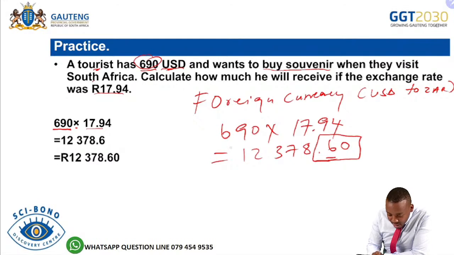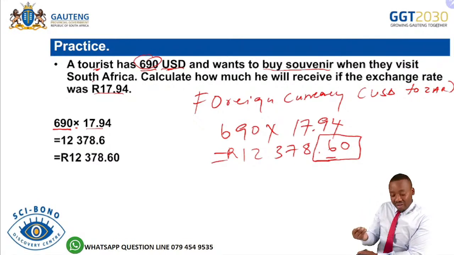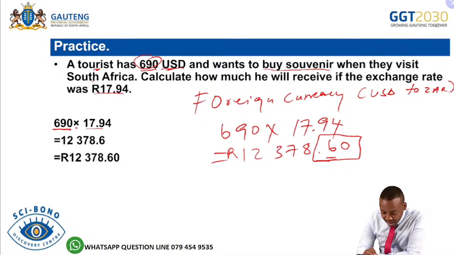Make sure again that you also put the currency symbol, because sometimes that will have a mark to show that you are converting from US dollars to South African rand. Then how will you get 4 marks if this was 4 marks? The first mark will go here, whether you know that from foreign currency to South African rand, you are multiplying.